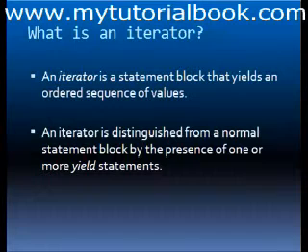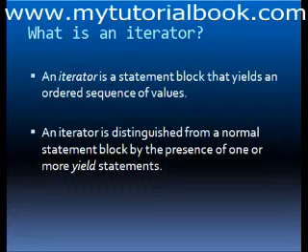So what is an iterator? Well, an iterator is just a block of statements that yields an ordered sequence of values. You've seen this wherever you have a collection where you want to loop through using a foreach statement, for example, a collection.